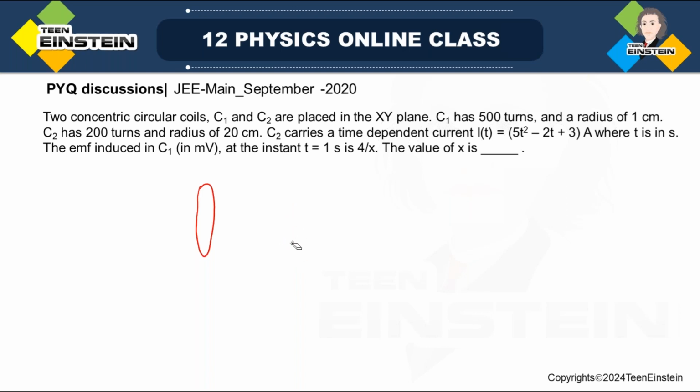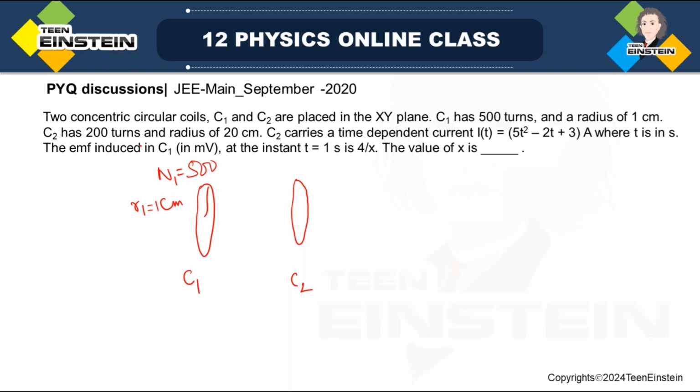For both of them the number of turns and radius are given. Suppose this is C1, this is C2. C1 has 500 turns, capital N1 is equal to 500, and it has radius R1 equal to 1 centimeter.